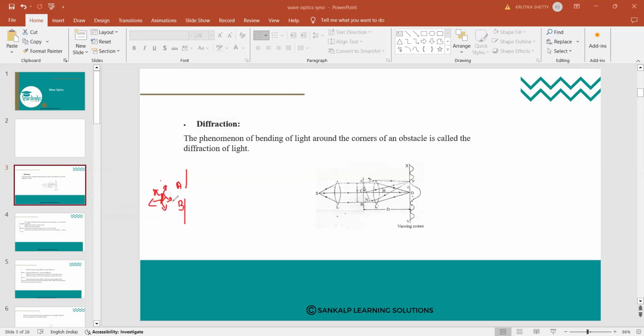So according to light properties, light travels in a straight line, they say.